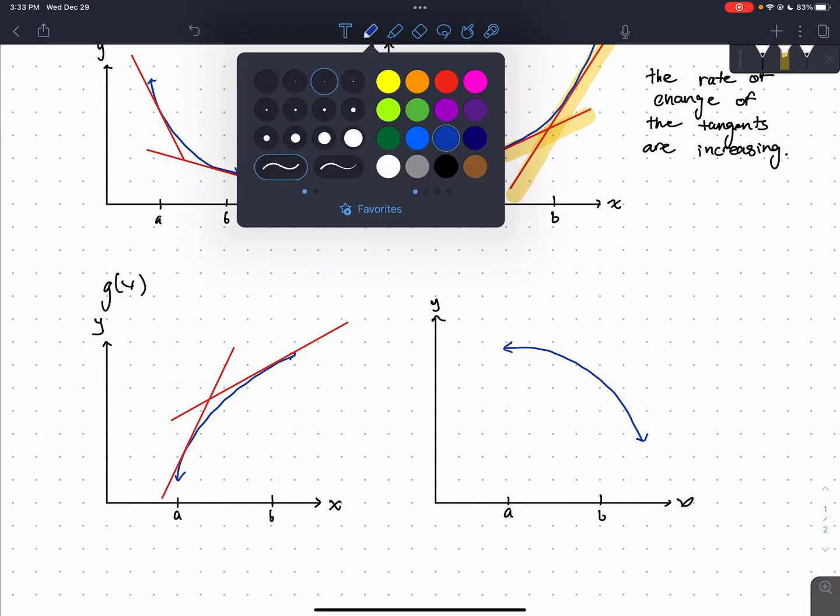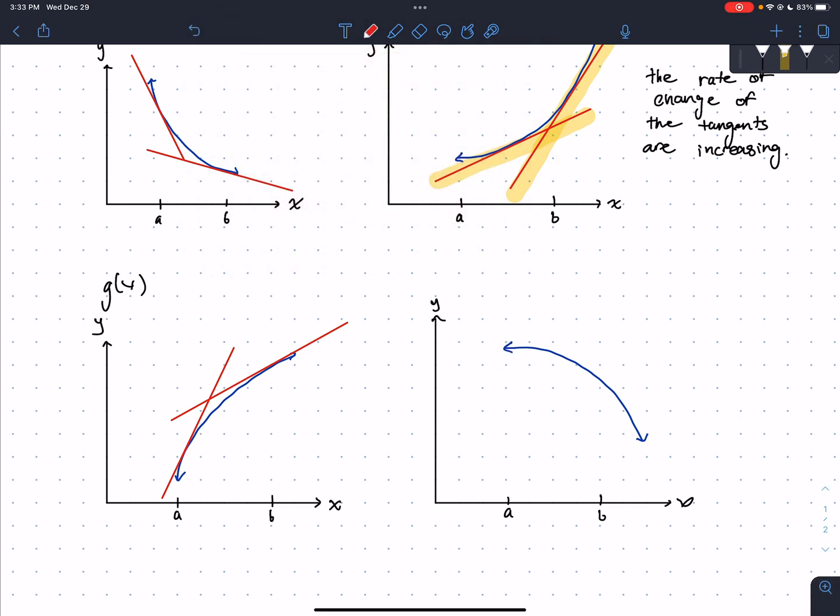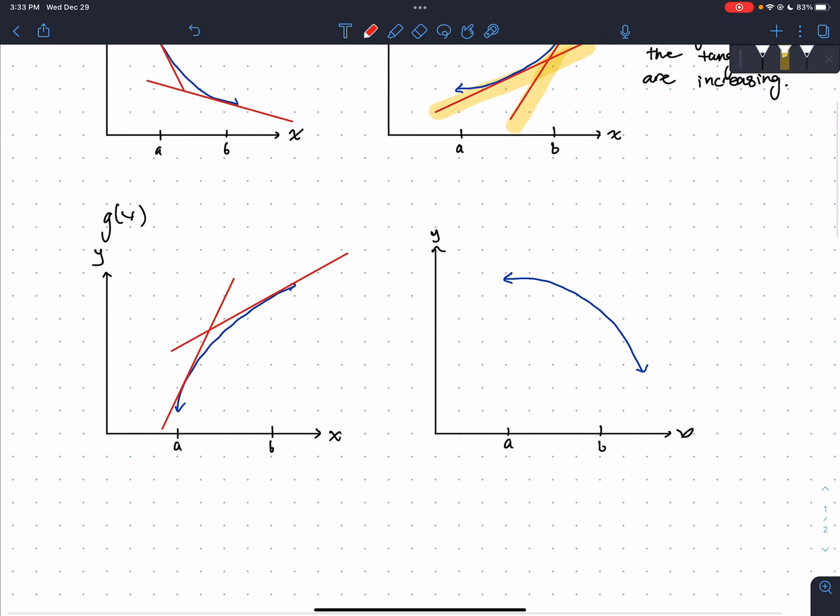So our rate of change is still going to be decreasing. We're going from a not as negative slope to a more negative slope.